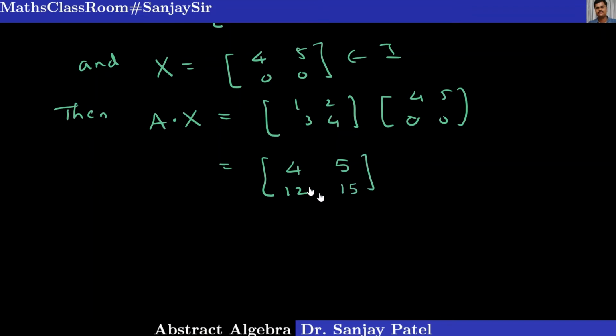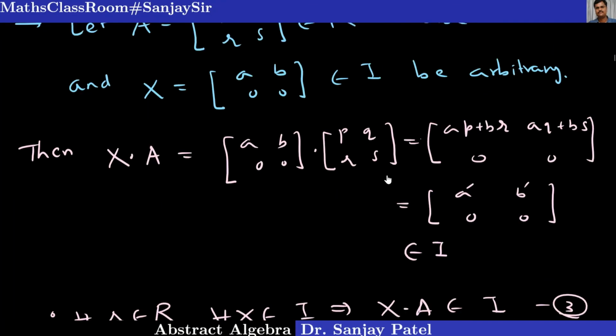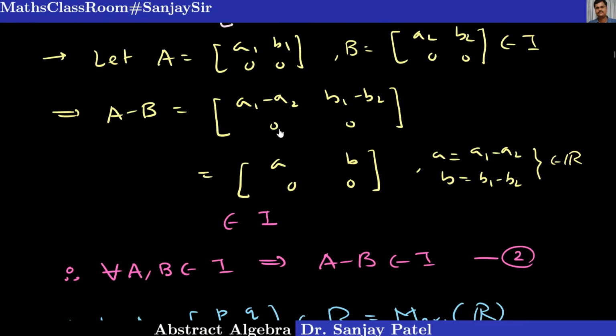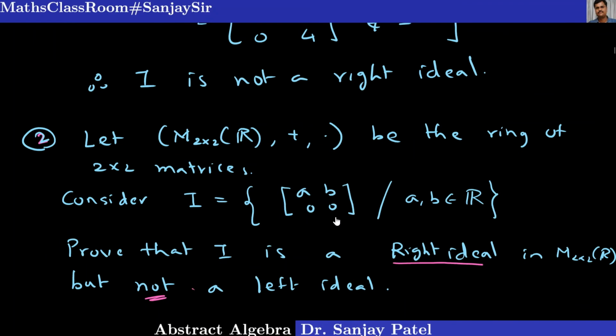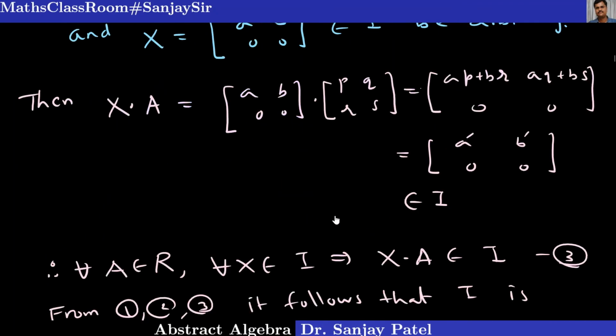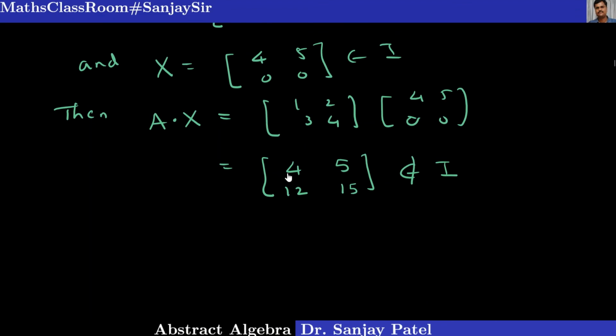It is clear that this is not an element of the set I, because our I contains matrices of the form A, B, 0, 0, and this matrix is not of that form.